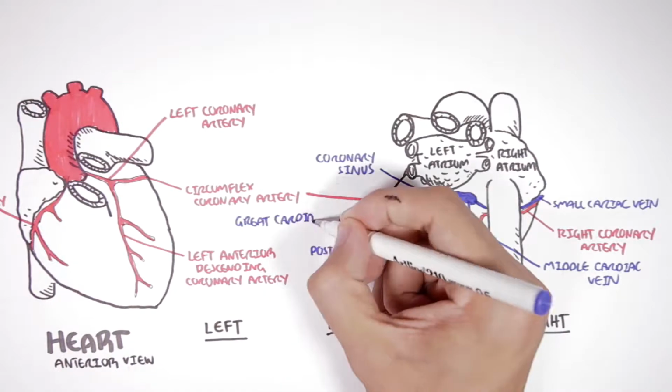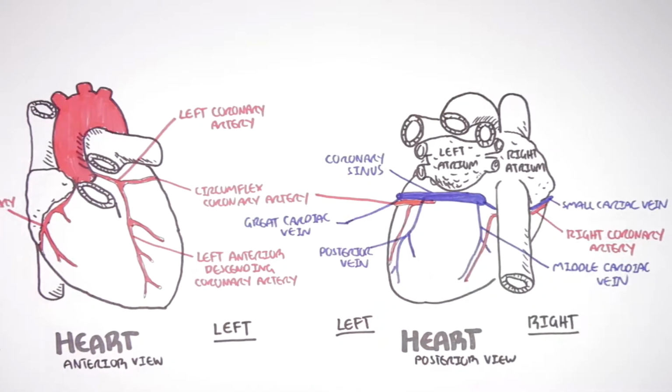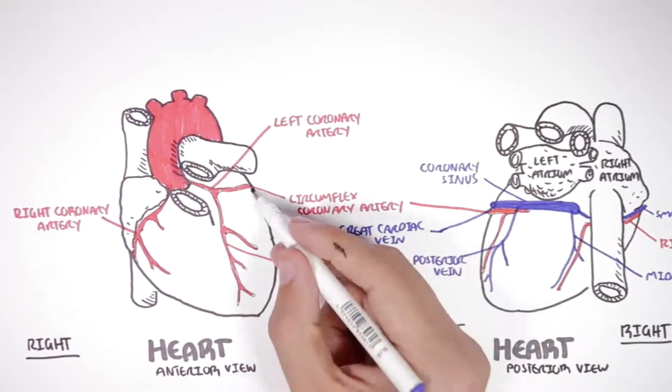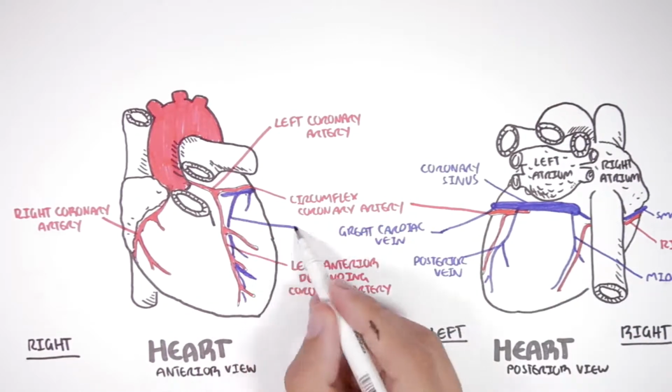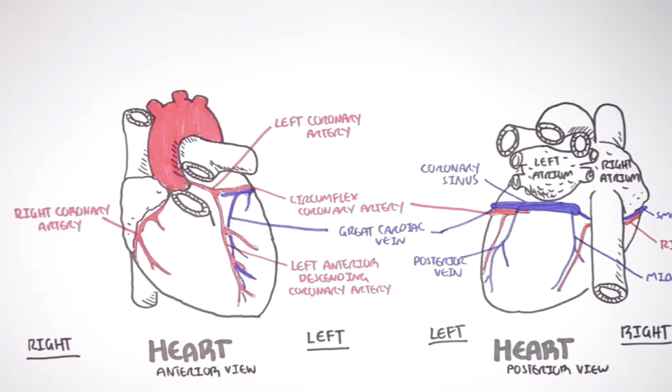Here we have the great cardiac vein, which we can see comes from the front of the heart here. This is the great cardiac vein. And just to remember, this is the small cardiac vein here.